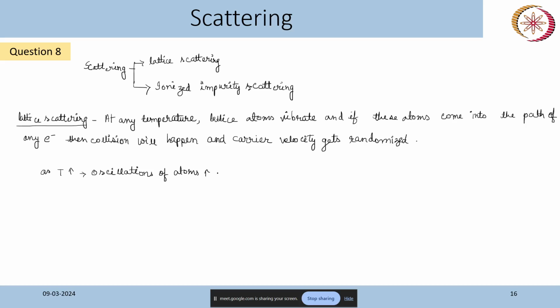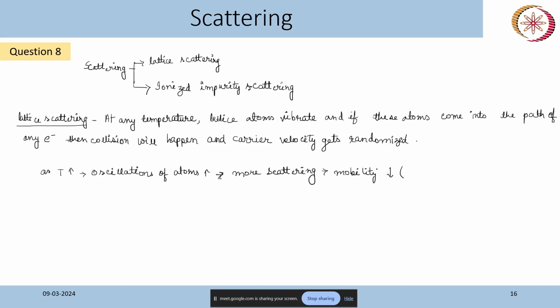If there is more scattering, that means mobility will decrease. With temperature, mobility has a dependency of T to the power minus 3 by 2. Mobility decreases according to this relation.